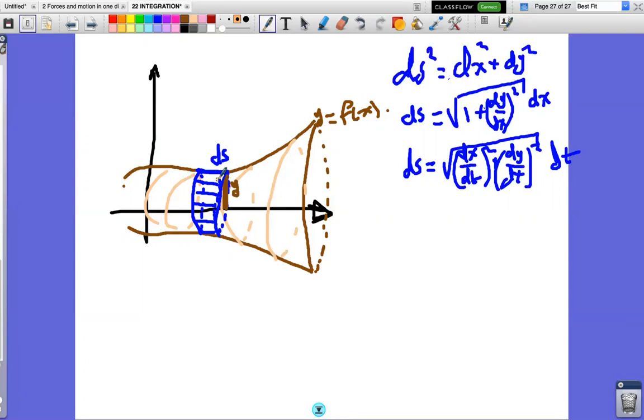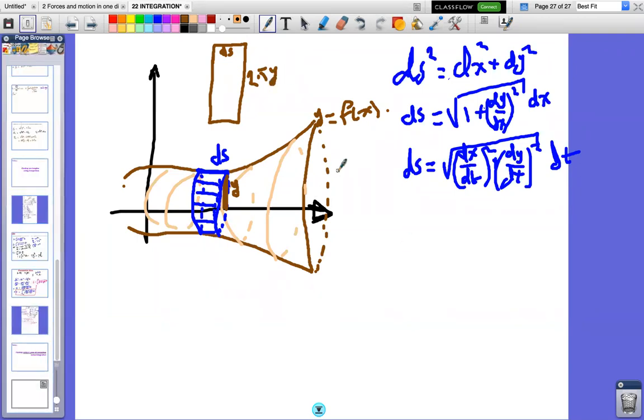And so to find this area, we can cut it and it will form a rectangle, where one side is ds and the other side is the circumference of the circle, so it's 2 pi y.